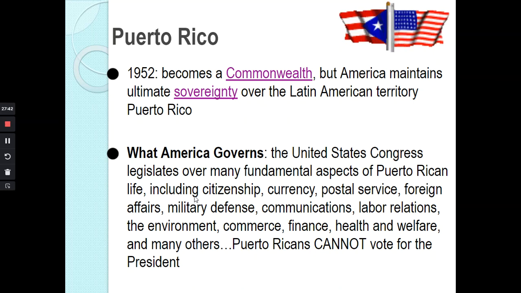And so that has been, now, by the way, before we continue, in 2012, the people of Puerto Rico voted to become the 51st state, and Congress has not reacted yet. It's been a while. It's been over a decade now. And the reason why they're dragging their feet is because if you make Puerto Rico a state, some states have to give up some of their representatives in the House of Representatives so Puerto Rico can have more.